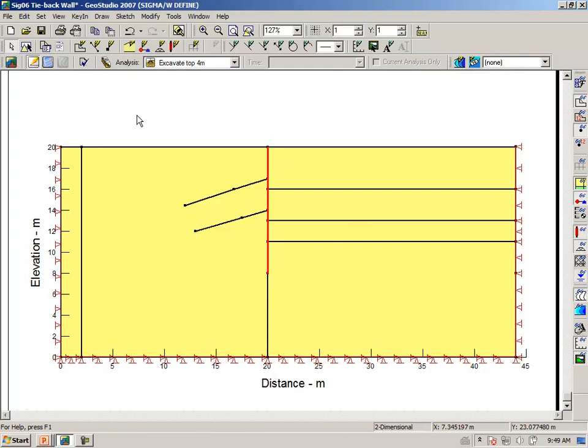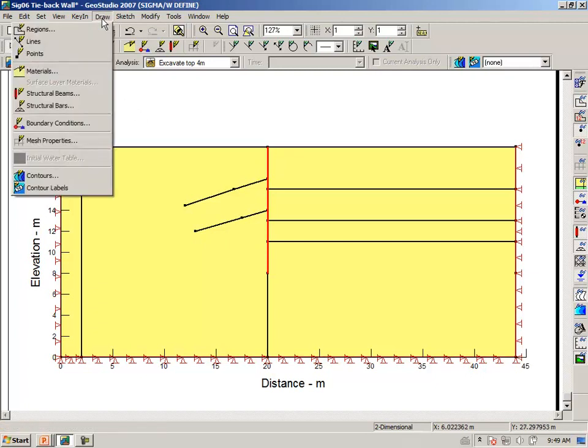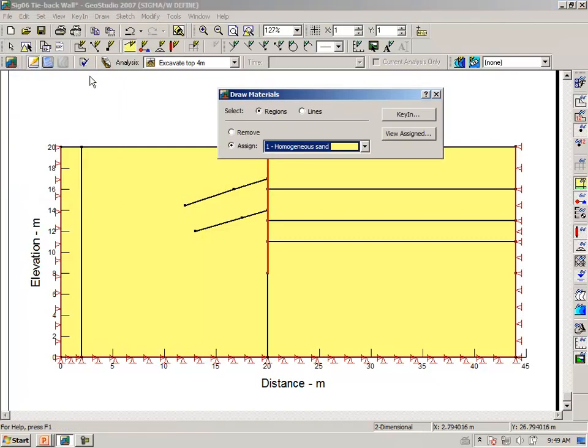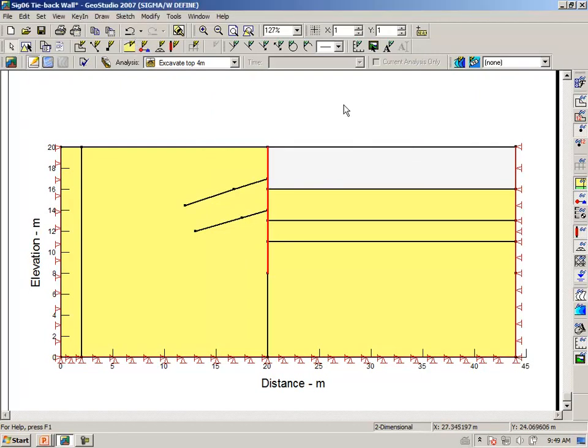We need to now remove the top 4 meters, and so we want to remove the soil. We say draw materials, remove this upper 4 meters of soil so that it is not part of the finite element analysis. Then to begin with, we need to alter the boundary conditions.